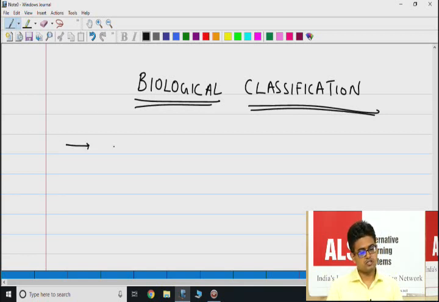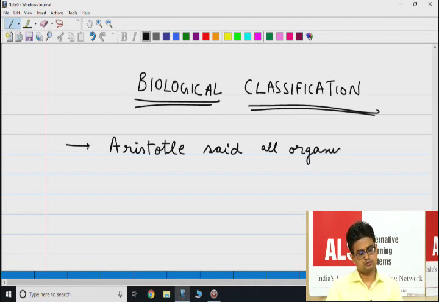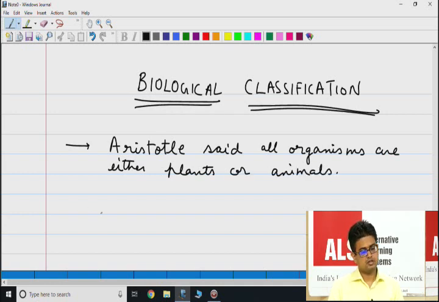The first system of classification was given by Aristotle. Aristotle said that all organisms are either plants or animals. Okay. So according to Aristotle, all organisms are either plants or animals.